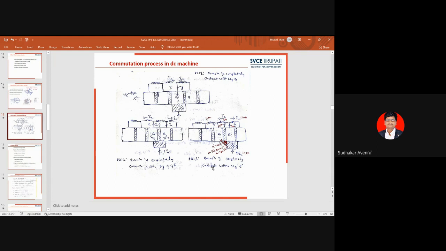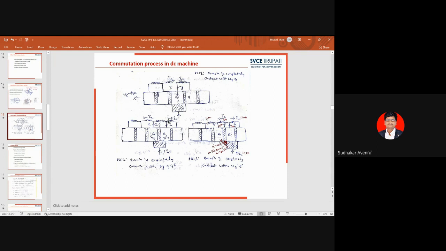If it takes more time, that is under commutation or delayed commutation. Because of this change in current in the coil, a self-induced EMF is developed in the coil. This voltage opposes the current reversal in the coil, and that is the reactance voltage. Because of the reactance voltage build-up in the armature coil, there will be delayed commutation.